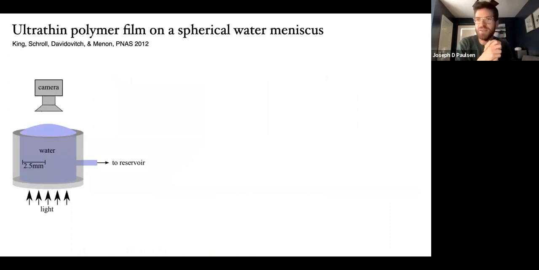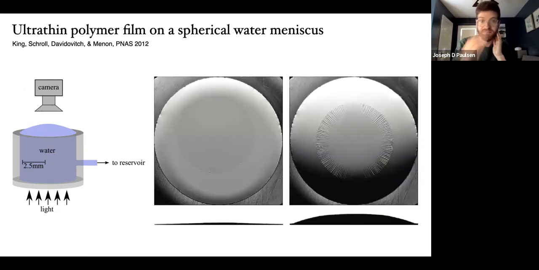And the story starts with some lovely experiments done in the lab of Narayan and Menon by a graduate student at the time, Hunter King. What Hunter did was he took one of these thin polystyrene films and placed it on a water meniscus. And then by changing the volume of liquid, he could inflate or deflate this little meniscus to go from a flat shape to a curved shape where the sheet is forced to live.